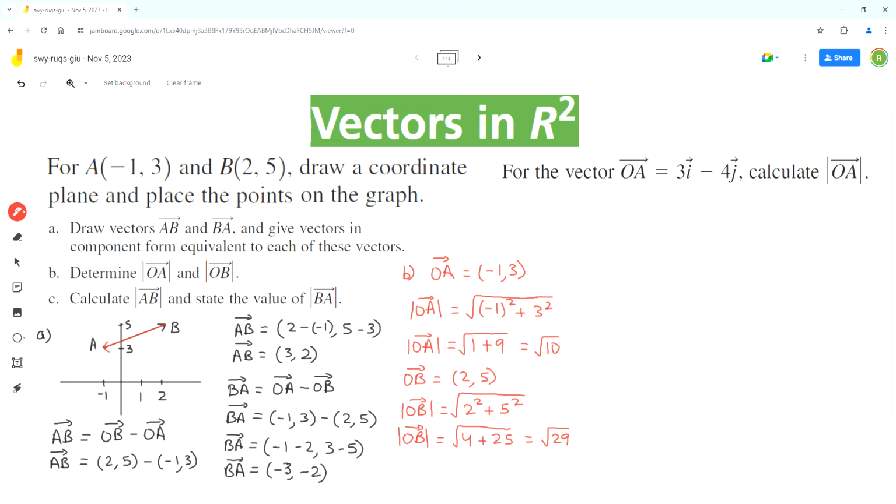So this is the magnitude of position vector OB. Now we can do part C.